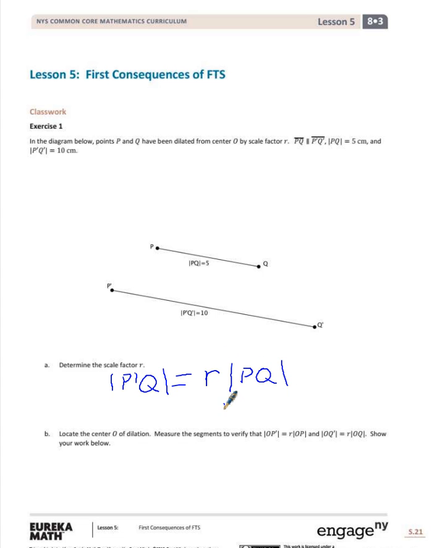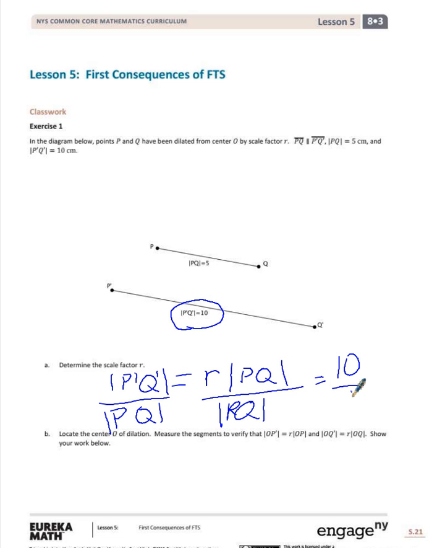So we did last time, we divided by PQ, and divided this side by PQ. So we can kind of skip ahead and just start with P prime Q prime is 10, and PQ was 5. 10 divided by 5 is 2. So we know that our scale factor is 2.